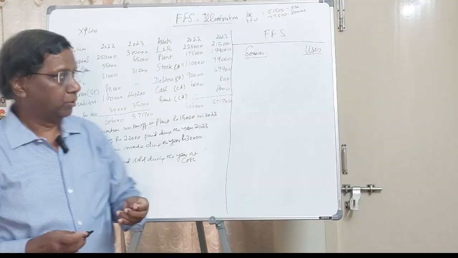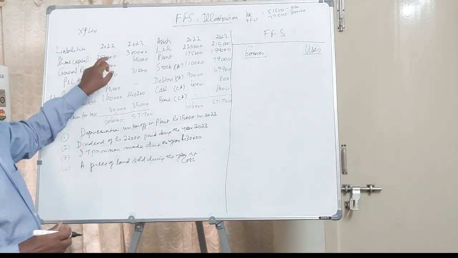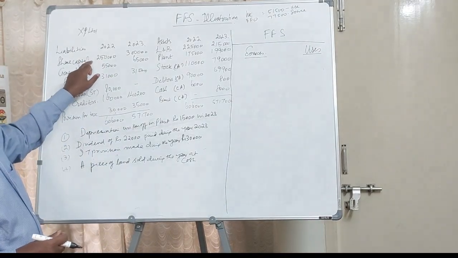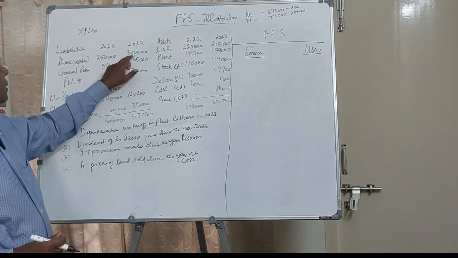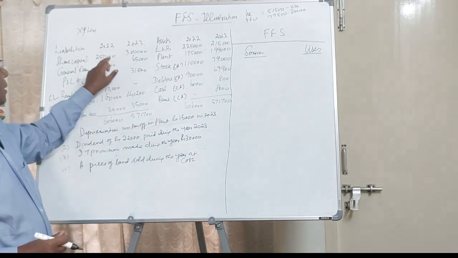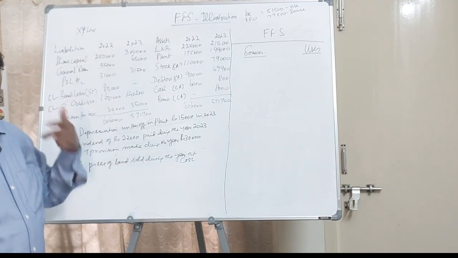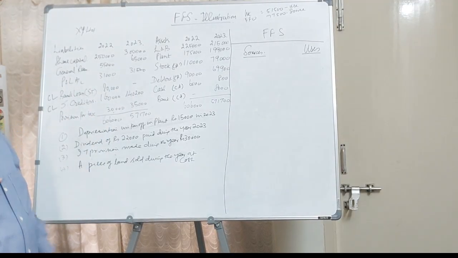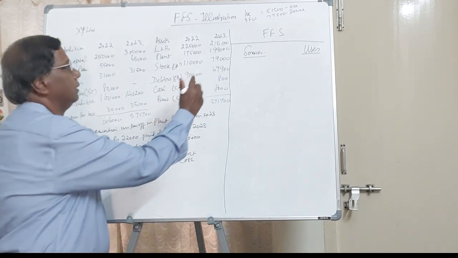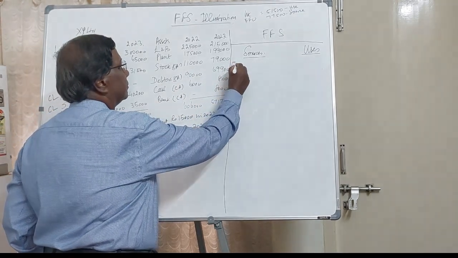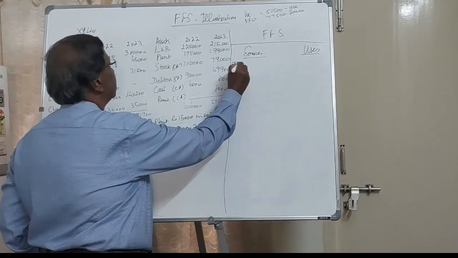Now we'll have to find out the share capital, how it has increased from year to year. So it is a source, 50,000 has increased. You have brought in equity to the extent of 50,000. So you can do it like that, equity 50,000.